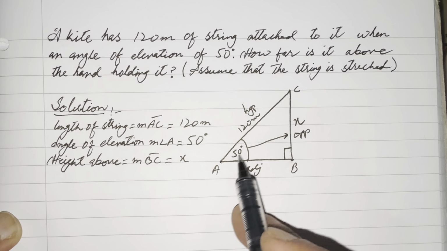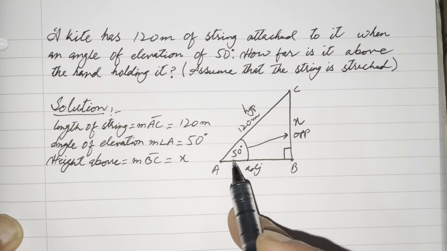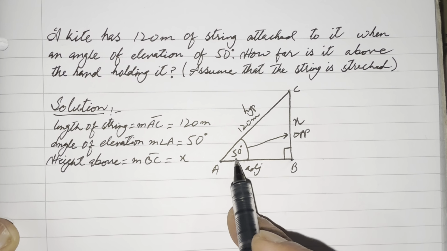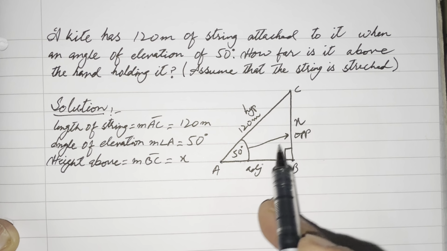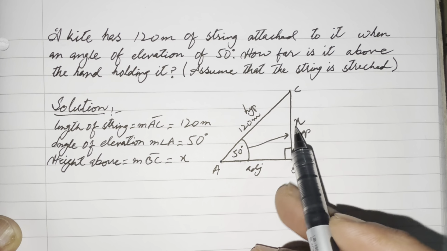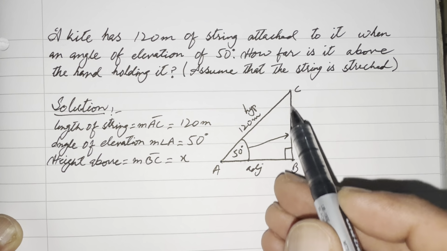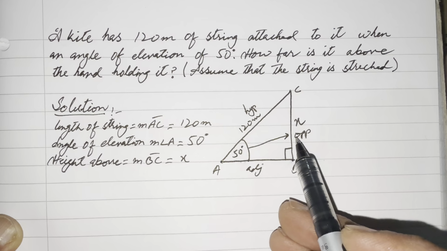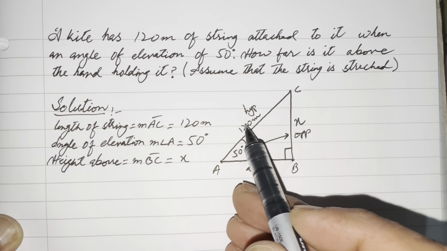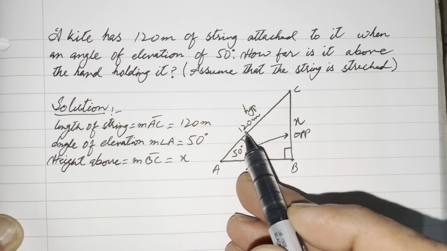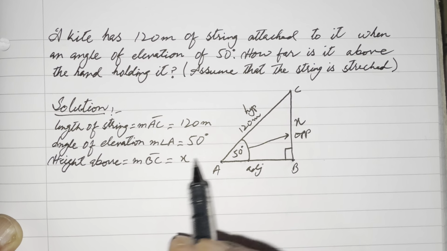So angle A is given as 50 degrees. The ratio between the height or opposite side and the hypotenuse will always be taken as sine.